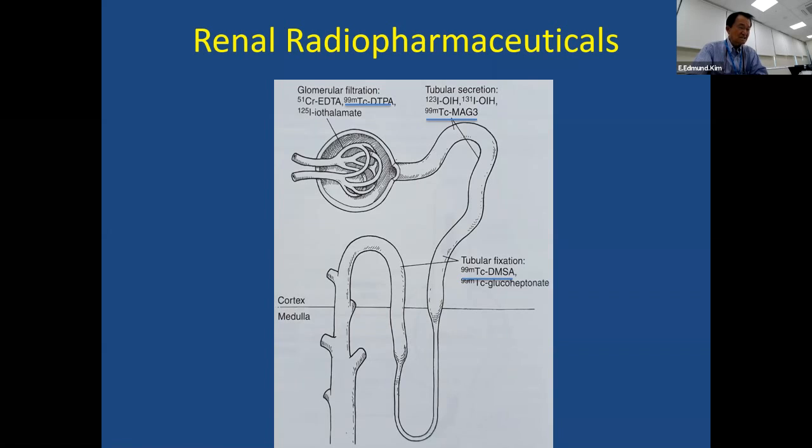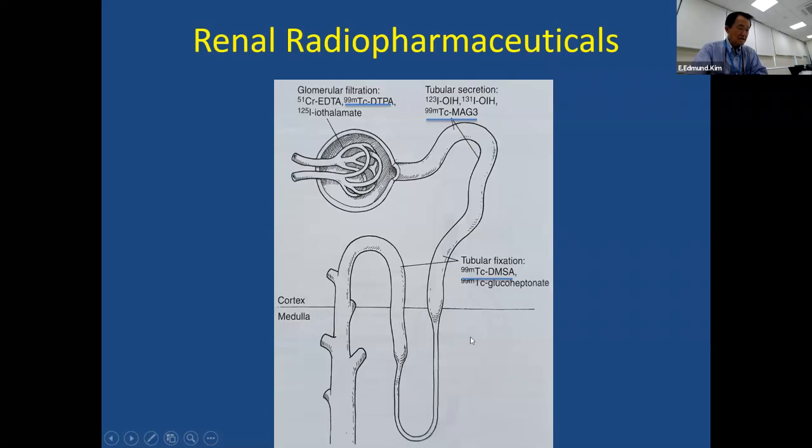On CT, MR, or ultrasound, the scarring sometimes raises a question about a small peripheral lesion. In that case, we can use this agent to delineate the functional anatomy. Okay, so you have to understand the different functions of these 3 common agents we are using in nuclear medicine.